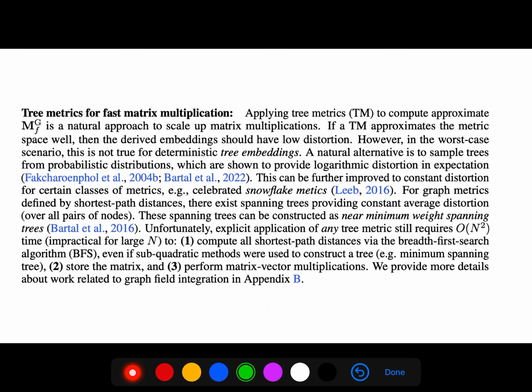Applying tree metrics to compute approximate M is a natural approach to scale up matrix multiplication. If a tree metric approximates the metric space well, then the derived embeddings should have low distortion. I've explained all of these in my playlist for metric embedding.